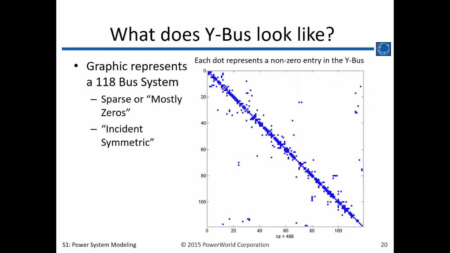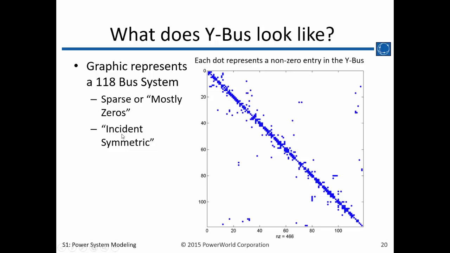So knowing what we put into a Y bus matrix, what does it look like? This is a graphic representation of a 118 bus system. It's a sparse matrix, which means that it's mostly zeros. Everywhere you see white space in this 118 by 118 matrix is a zero value. We have nothing. It is incident symmetric, which means that if we have a value on this side of the diagonal line, there will be a value on the flip side across this axis as well.